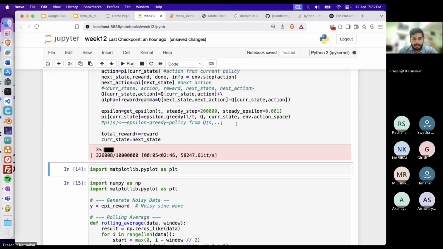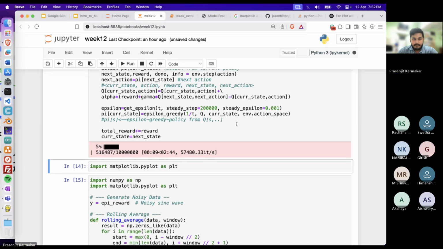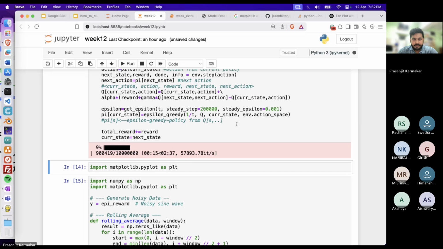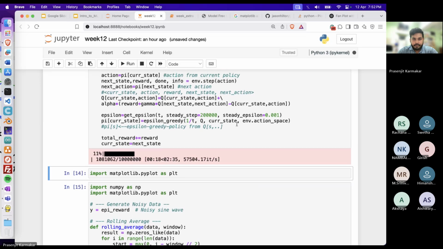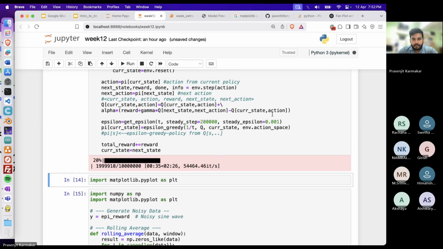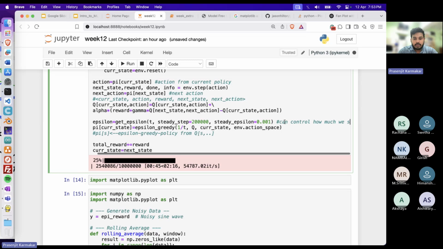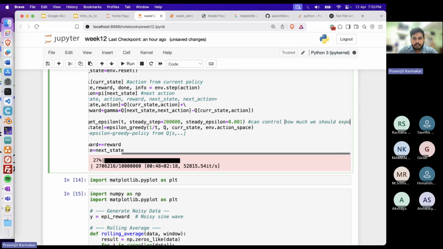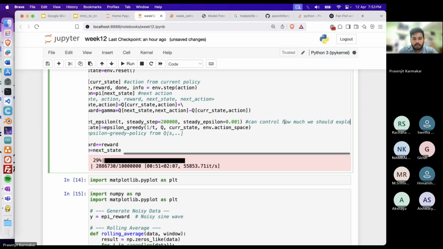Here we can control how much should explore.